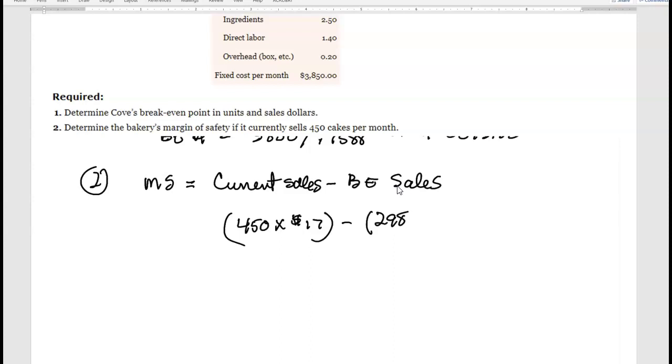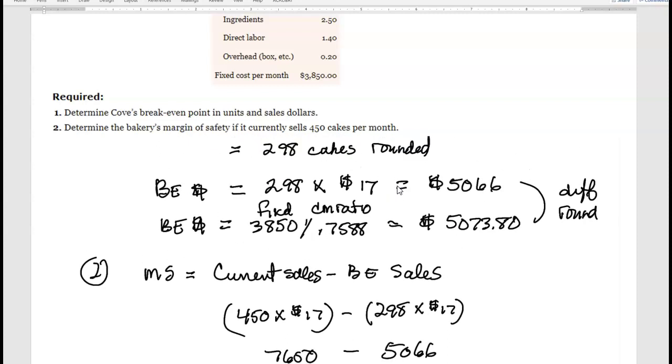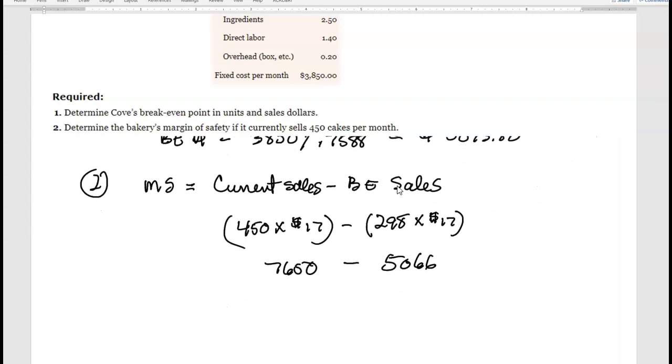So 298 times the $17, or 5066, which we already had calculated here, equals 25.84. Margin of safety.